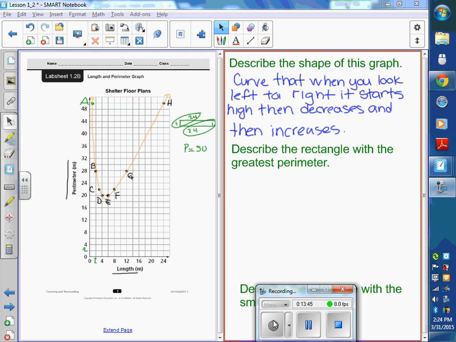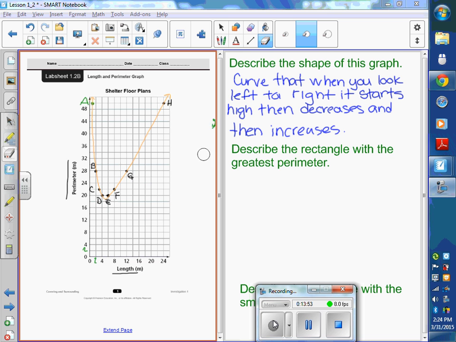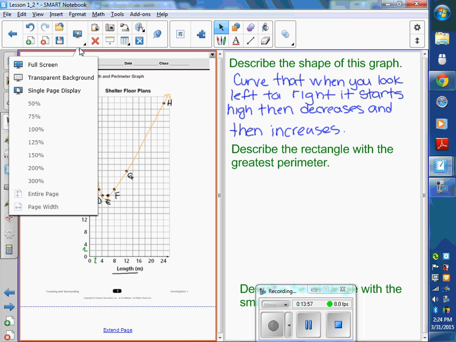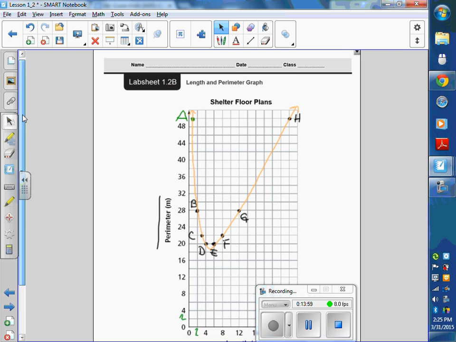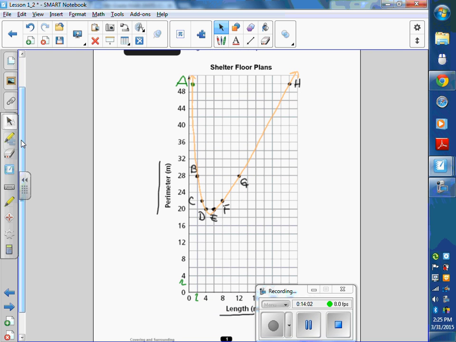The other thing is you have to be able to look at a graph like that and find the rectangle with the greatest perimeter. That's not too hard if you can read the graph. So we're going to zoom in on this now and then point out a letter that has the rectangle with the greatest perimeter. Raise your hand if you can do that. Who haven't I heard from today?